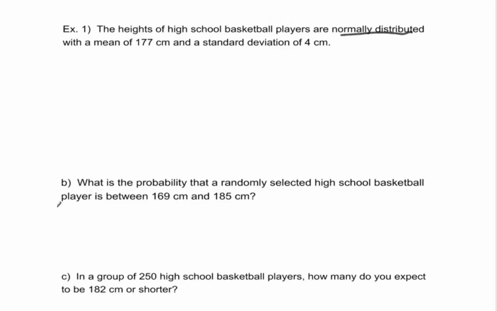Next problem. The heights of high school basketball players are normally distributed with a mean of 177. So that's my mean, and a standard deviation of 4. So that's this.